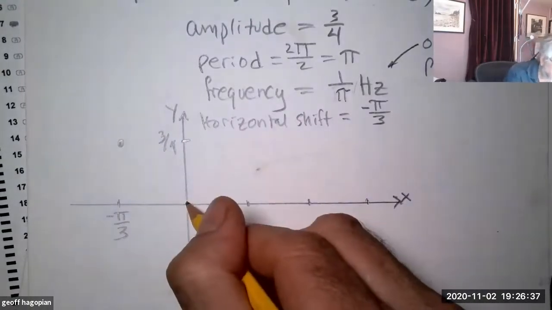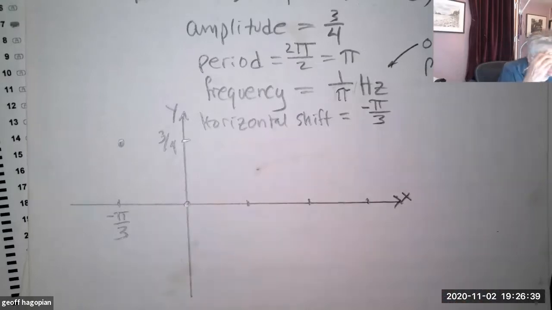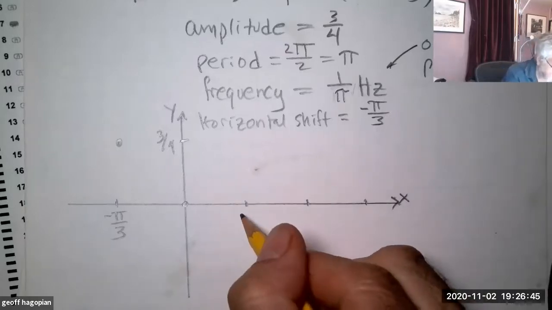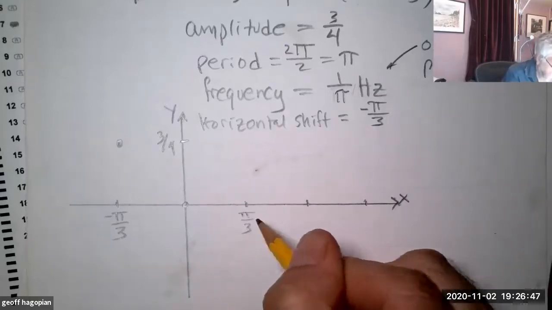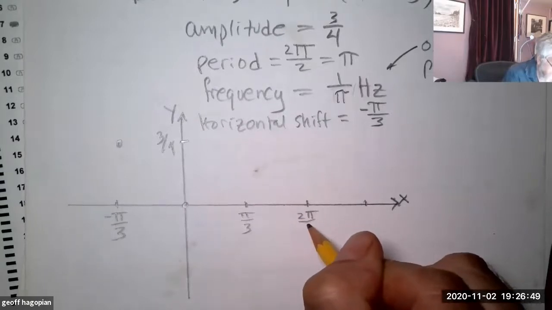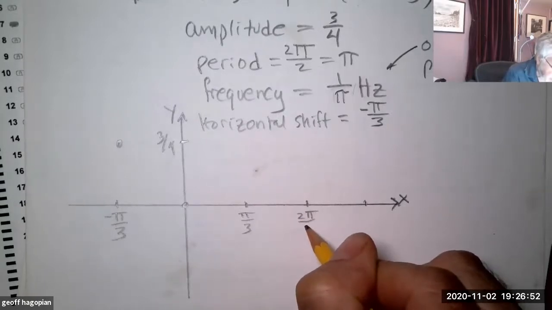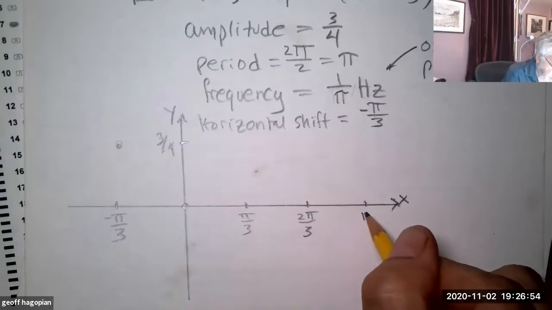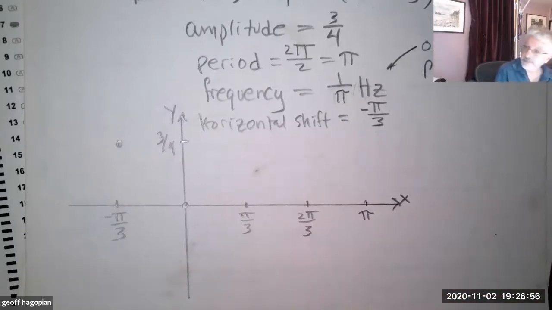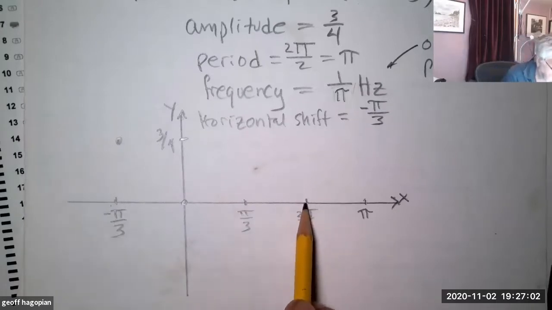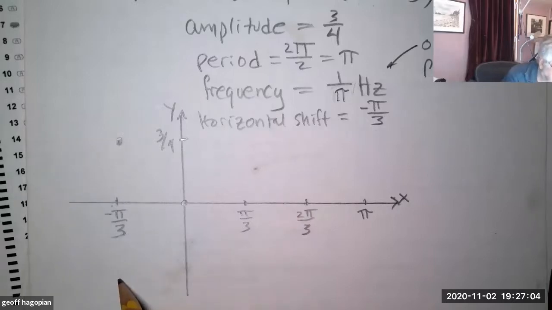And then a quarter wavelength later will be, is this going to work out? I'm wondering, let's see. This is pi over 3. This is 2 pi over 3. This would be pi. And pi is the wavelength, right? So the distance from here to here is 1 wavelength, right?